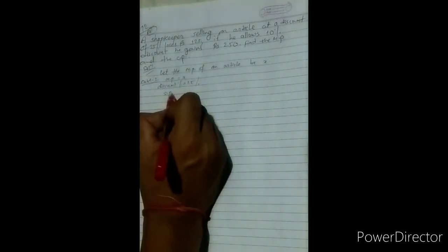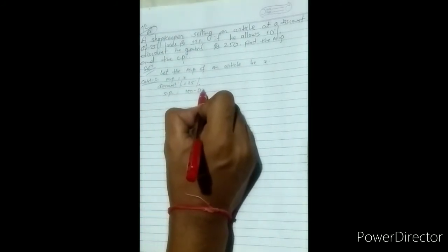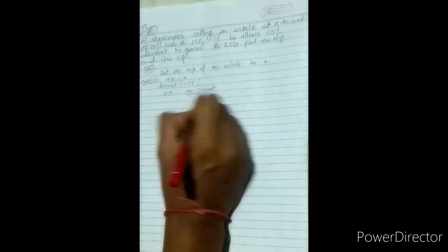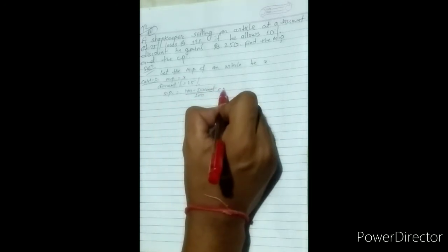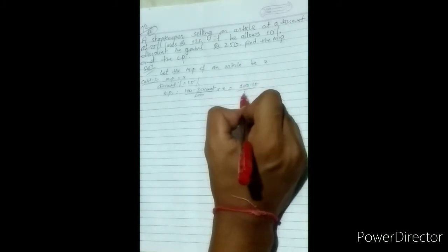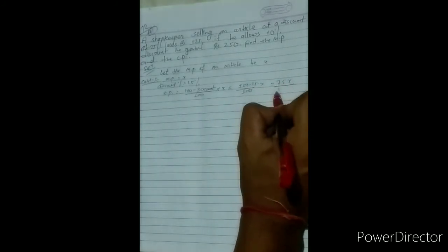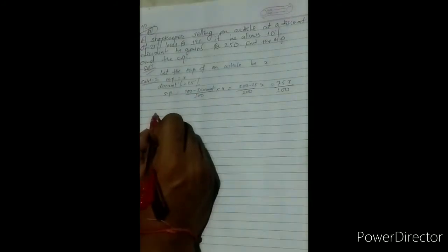Now let's find SP first. 100 minus the discount percent of X, that means 100 minus 25 by 100 x, 75x by 100. You can cancel it, but I suggest you not to cancel, because at last it will be easier to cancel 100 with the other CP.